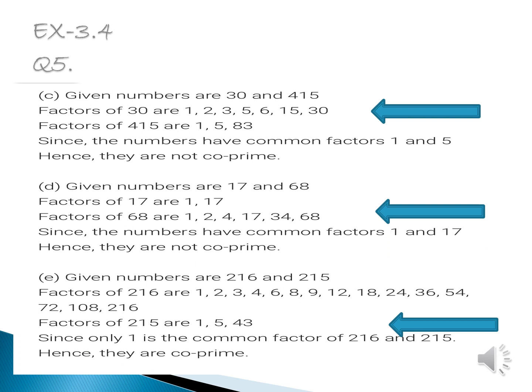You have to find out whether the pairs given in the question are co-prime or not. If you find any other factor other than 1 which is common in both the lists, then the given numbers will not be co-prime numbers. So try writing the factors of C, D and E part yourself.